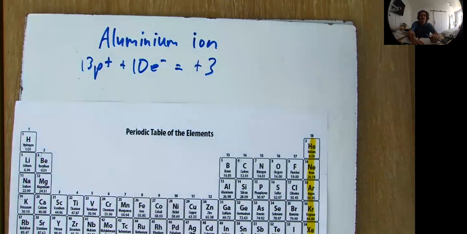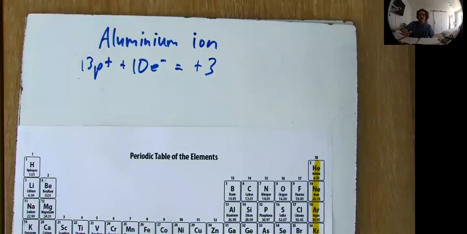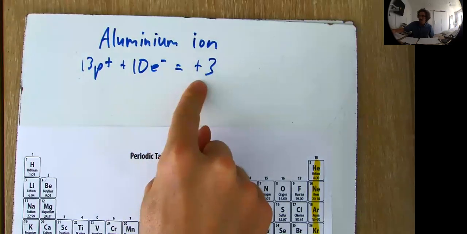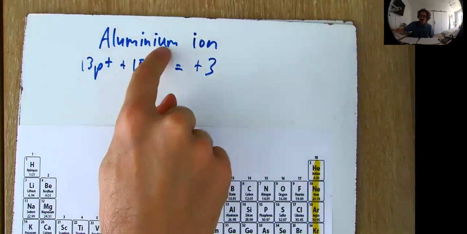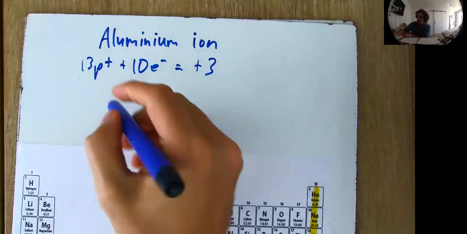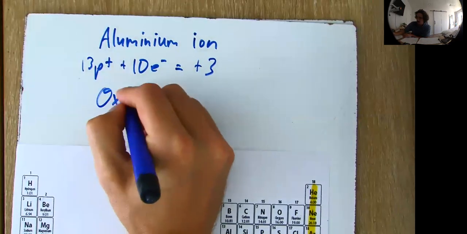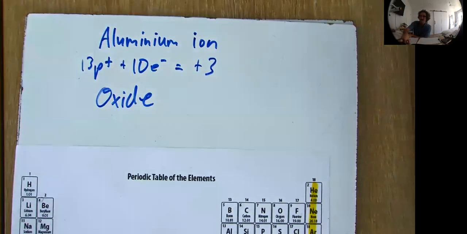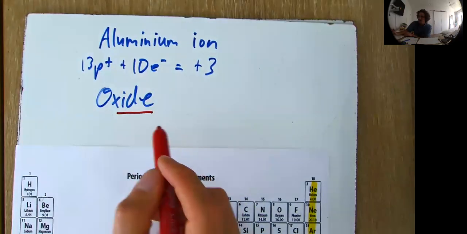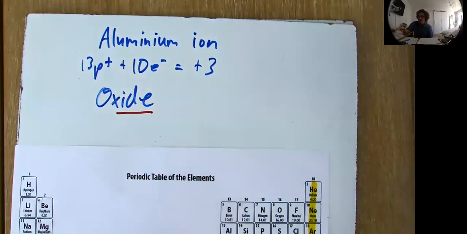Okay. Oh yeah, I forgot to note that the positive ions, their suffixes don't change. So we say aluminum ion as opposed to when we said earlier oxide. Because I say oxide and I see that the suffix changed from oxygen, that's how I know that oxide is a negative ion.